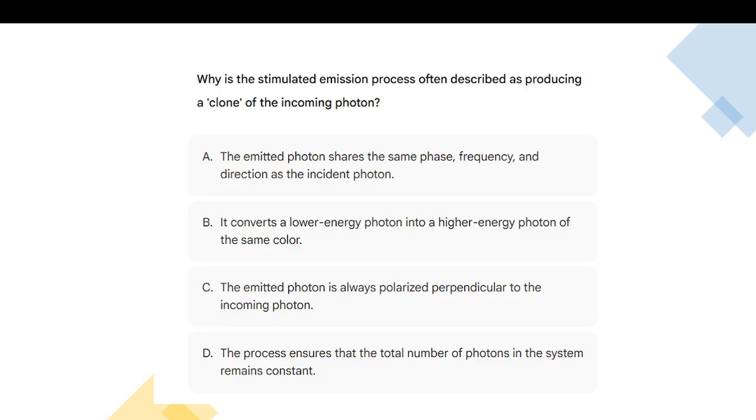So the next question: why is the stimulated emission process often described as producing a clone of the incoming photon? What could be the reason for this? The reason is quite simple.